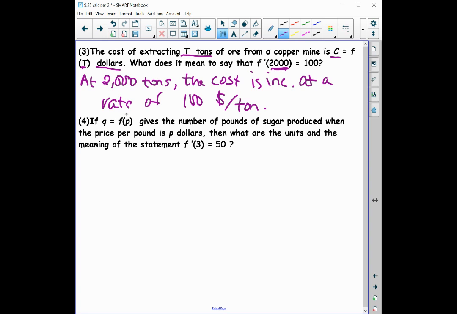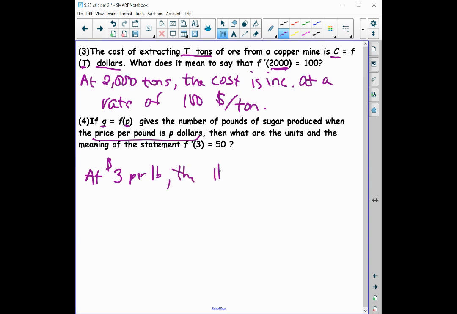Okay, so if Q equals F of P, so I know P is the at part, Q is the function, gives the number of pounds of sugar produced when the price per pound is $3. What are the units and the meaning of the statement F prime of 3? So at 3, now 3 is my P, it's going to be at $3 per pound because it's the price per pound.